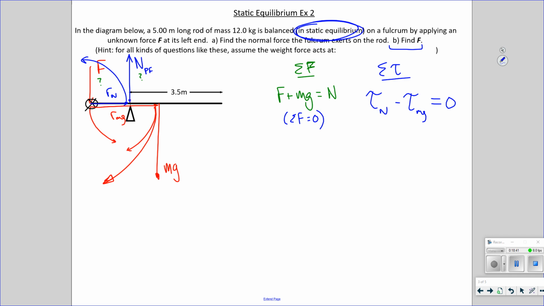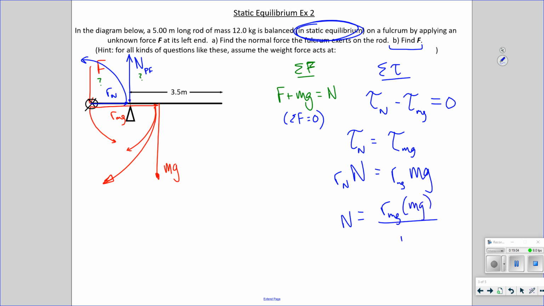So the torque produced by the normal force equals the torque produced by mg, or R_N times the normal force equals R_mg times mg. Or the normal force is R_mg times mg divided by R_N.